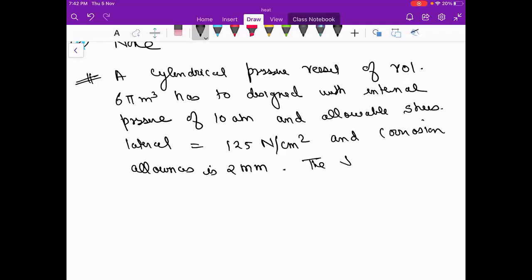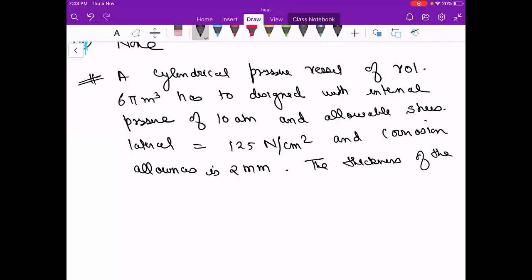The thickness of the vessel for an L by D ratio equal to 3 is dash.